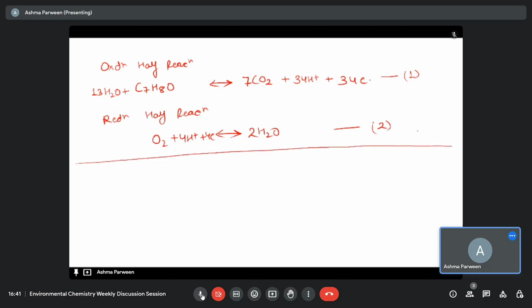So we will add equation 1 plus 17 times equation 2. So let's add these.